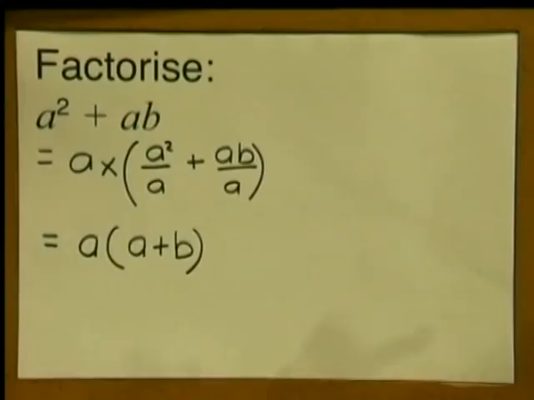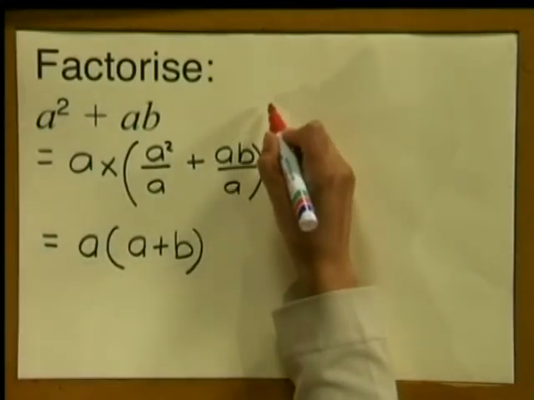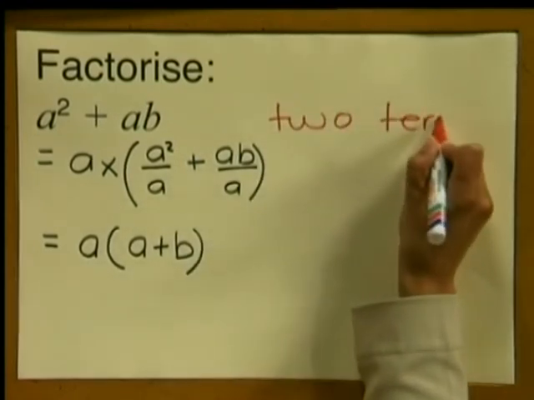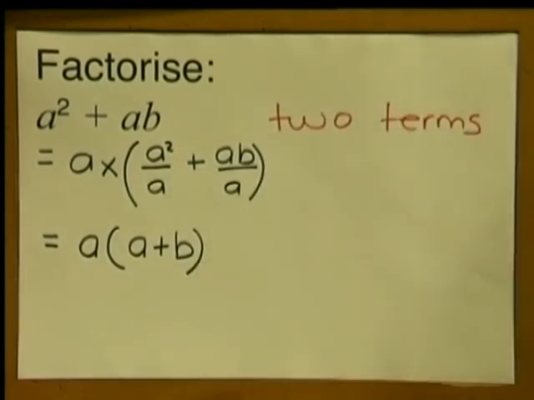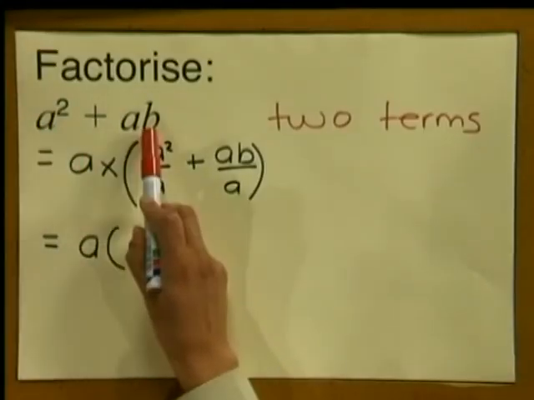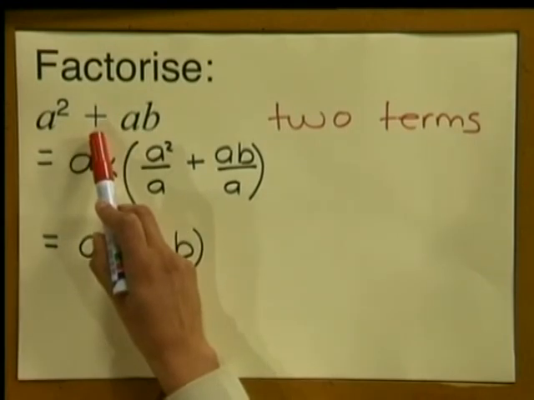Now I'd like you to take note of the following points on factorization. The expression a squared plus ab has two terms. Do you remember what a term is? In an expression, terms are always separated by a plus or a minus sign. In this example, the two terms are separated by a plus sign.